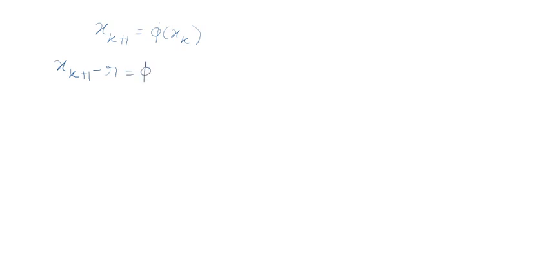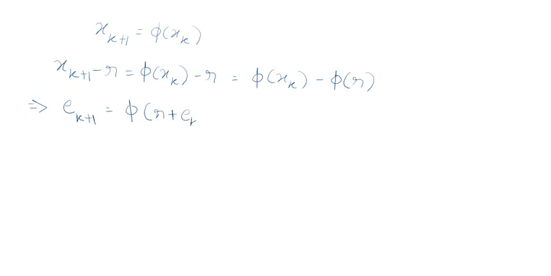Phi of xk minus R equals phi of xk minus phi of R. Now, this implies ek plus 1 equals phi of R plus ek minus phi of R.